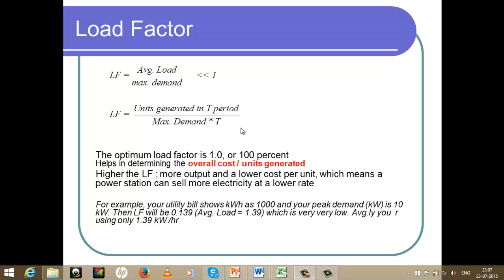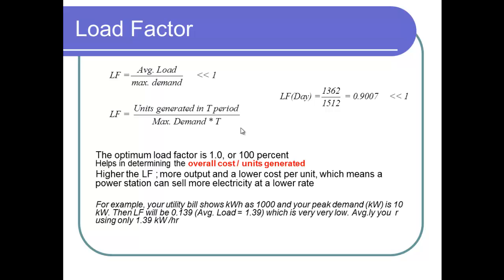Let's see the example that we considered for the Delhi area. There we know that the average amount of power consumed in that area is 1362 megawatt, and the peak value of power consumed on that particular day, for 2 hours, is 1512 megawatt among the 24 hours.